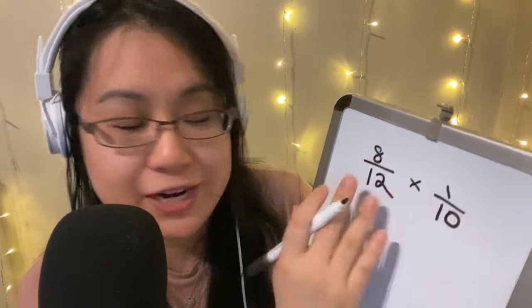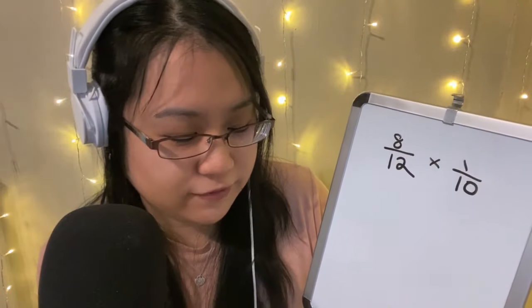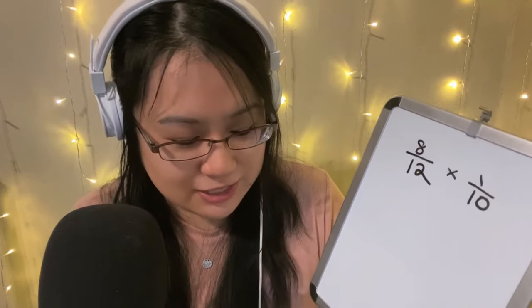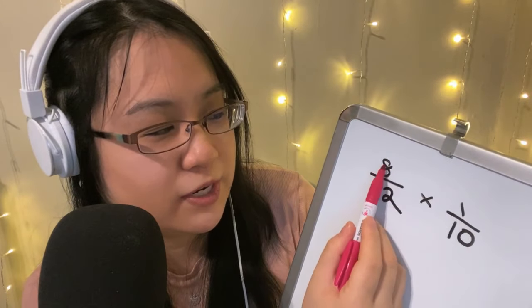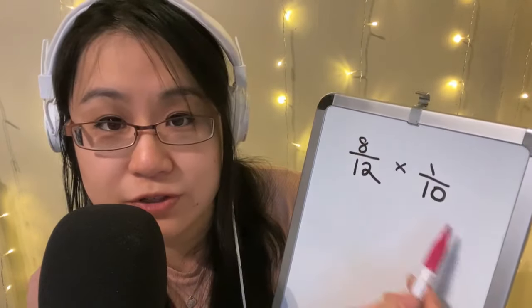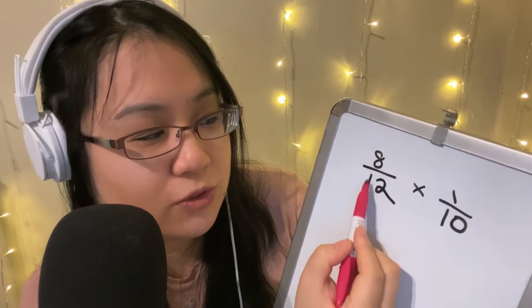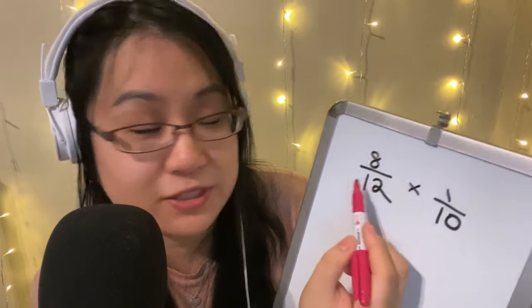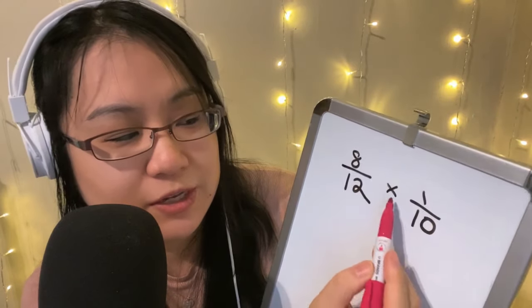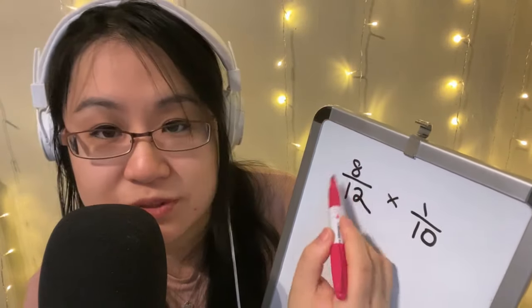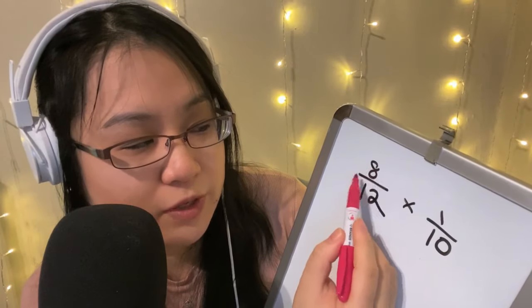You don't have to do it any particular way, just whatever you want or whatever the instructions say. But you can look between 8 and 10 like this diagonal for the cross canceling, but you might also notice that 8 over 12 can actually be simplified. This fraction, 8 over 12 times 1 over 10, this could be simplified because 4 goes into both.